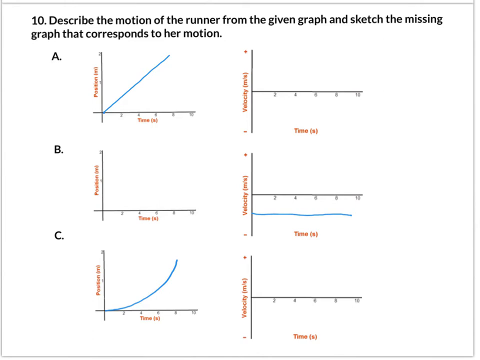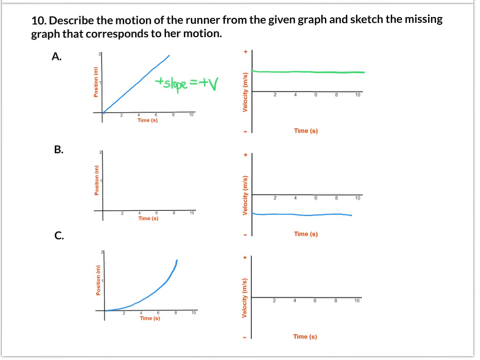So here we have a line, so it's a positive slope, right? And so again, positive slope, and the slope of a position time graph tells you about velocity. So this positive slope means she's going at a constant positive velocity. So to sketch that over here, a constant positive velocity would be just like that, right?